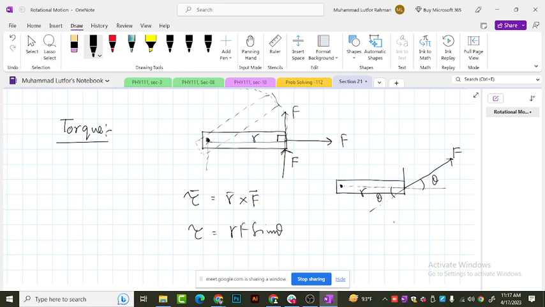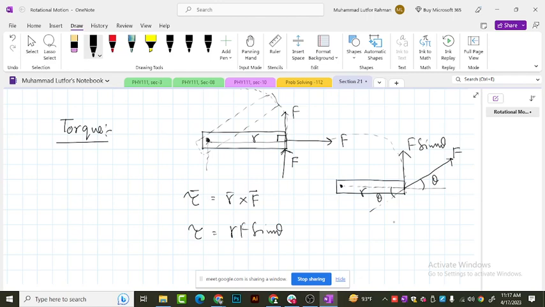Then I can find the component of this force, which would be F sine theta, right? Due to that F sine theta, the system will again try to rotate in that direction. So that's why this theta is the angle between your r, the lever arm, and the force. Depending on where we apply the force, the system will try to rotate.